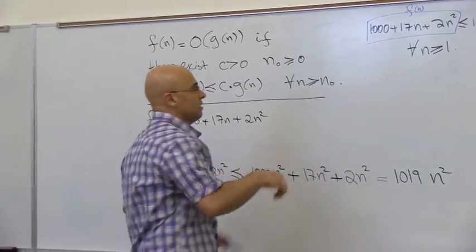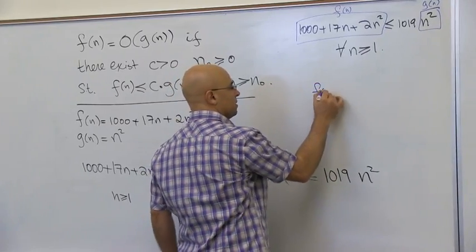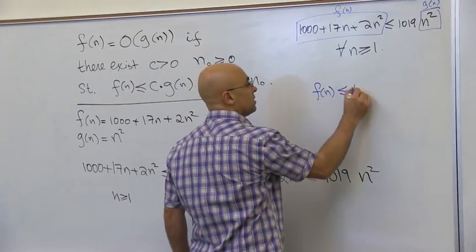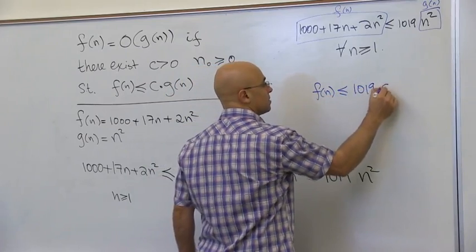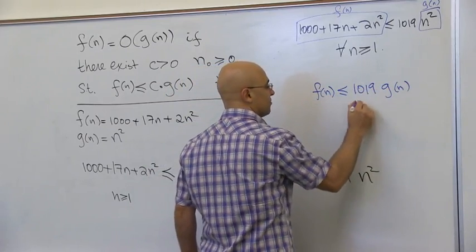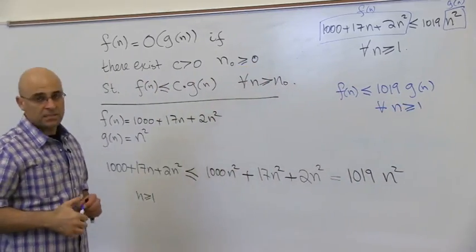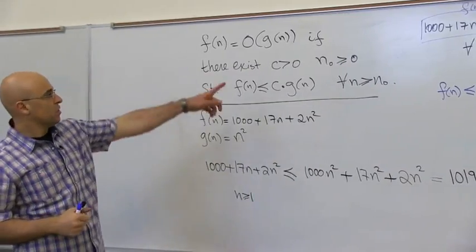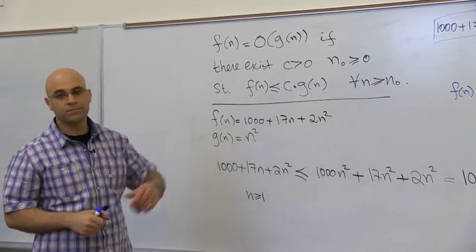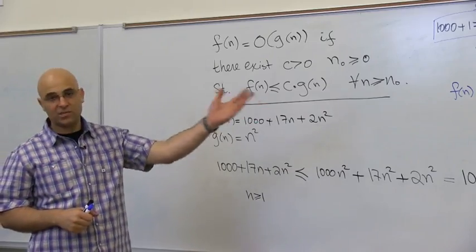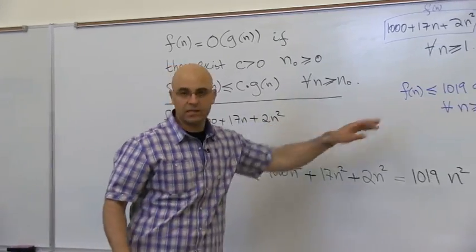I have f of n is smaller than 1,019 times g of n for every n greater than or equal to 1. The last thing I need to do is try to find c and n0. But they actually jump at you once you look at it like this.